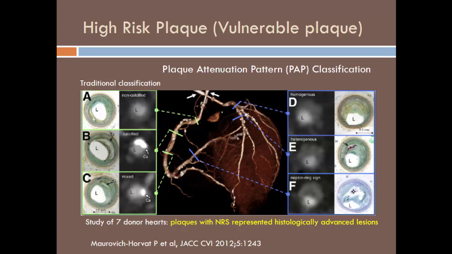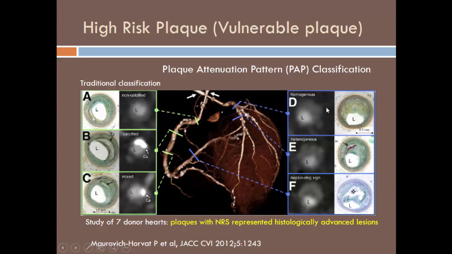Then in this study, they tried to classify plaques based on CT angiography performed in hearts taken from postmortems. Basically, they injected contrast in hearts from patients dying of MI and did CT angiograms. They tried to classify plaques into 3 different categories apart from the traditional classification.